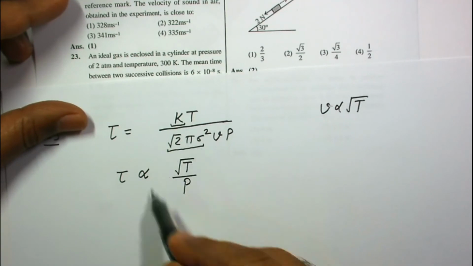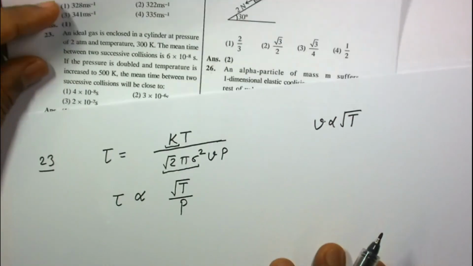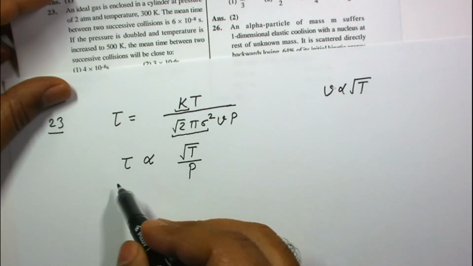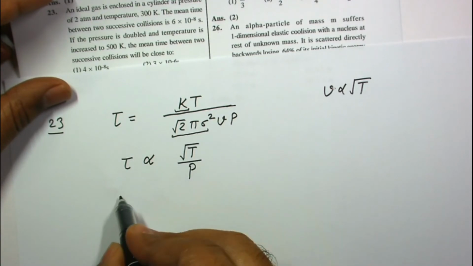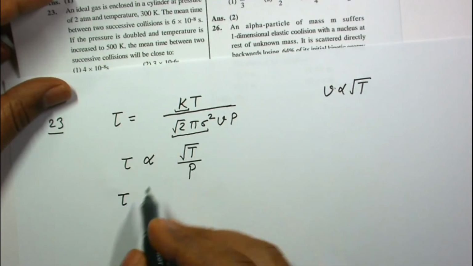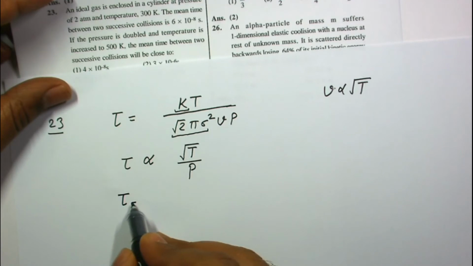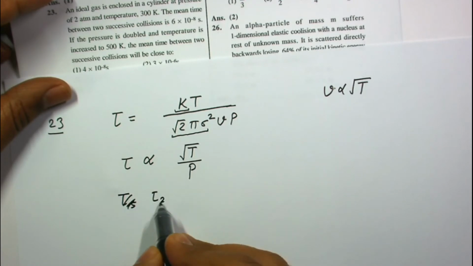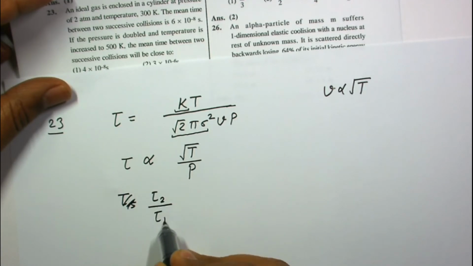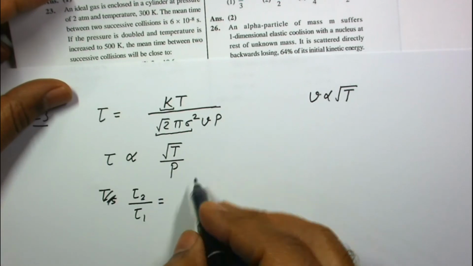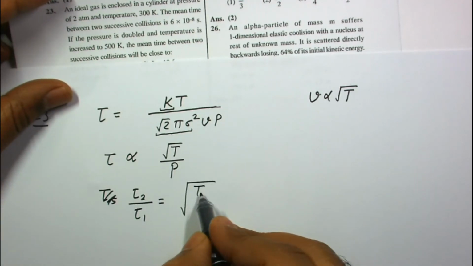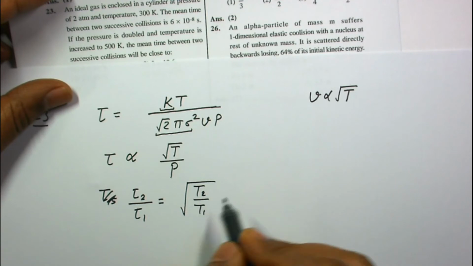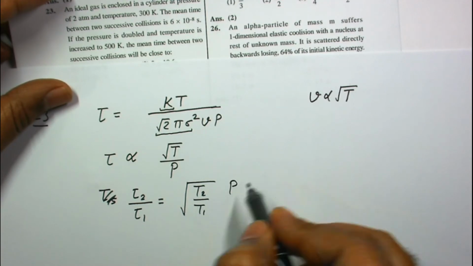So using this factor, we can determine the relaxation time at 500 Kelvin. So relaxation time in final situation divided by initial situation, this is given by T2 by T1 under root, and for pressure it will be inverse P1 by P2.